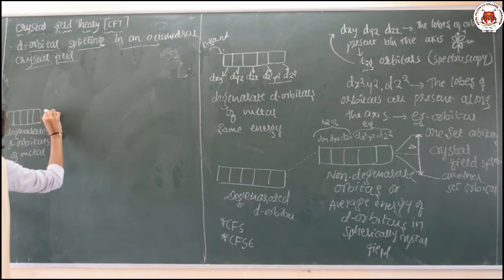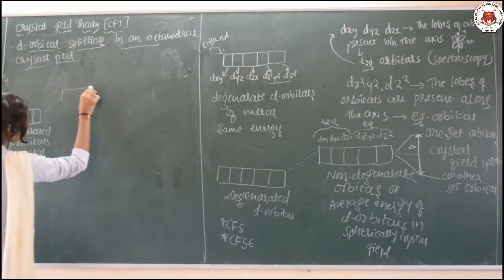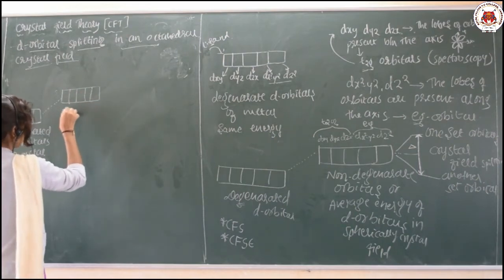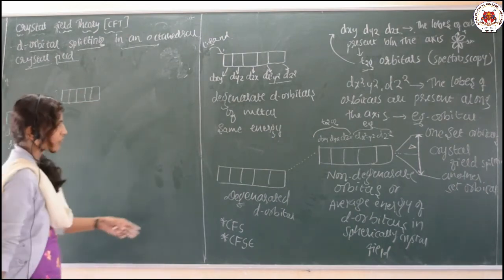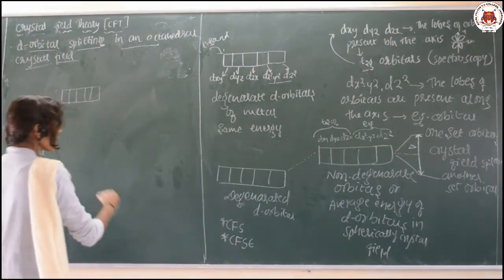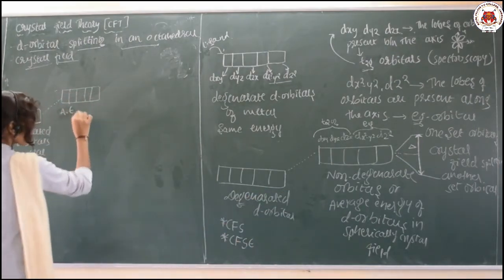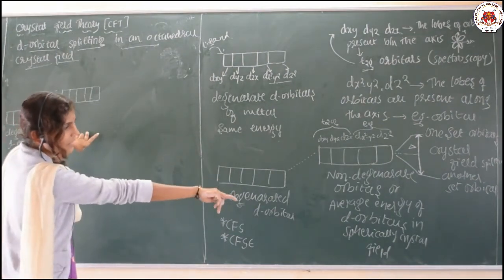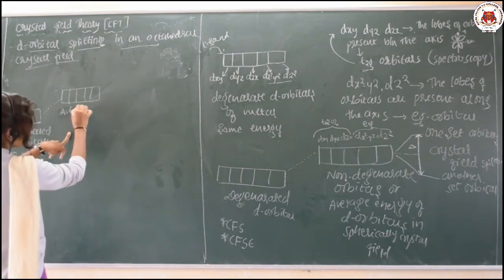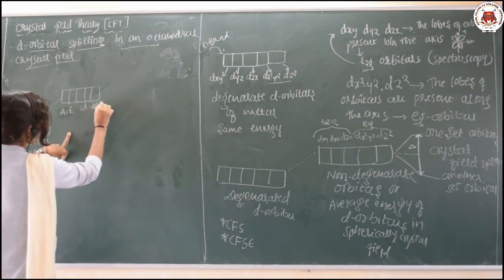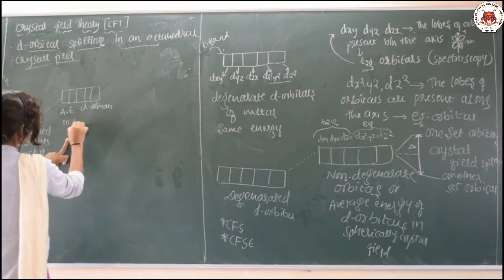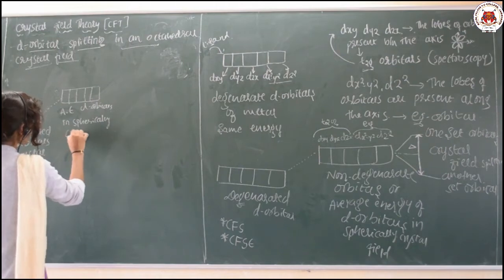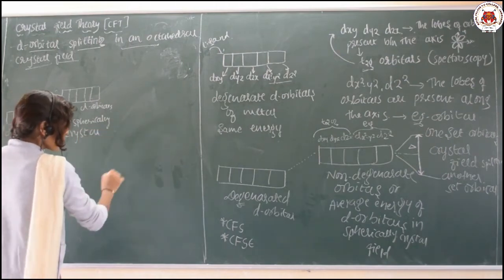So when the ligand approaches, what happens? The degeneracy is lost. So here these are non-degenerate, or you can write the same thing as the average energy of d orbitals in a spherical crystal field. I will write it short.